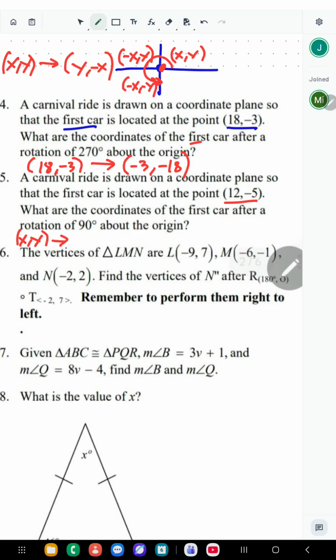If you rotate that, that would become negative y, x. So the point 12, negative 5 here would become 5, 12.